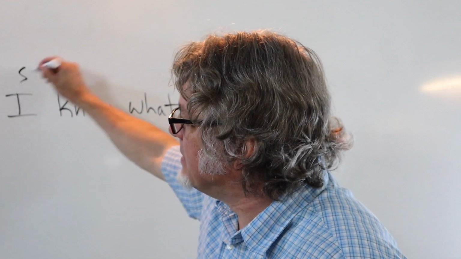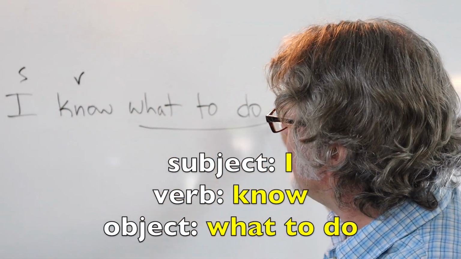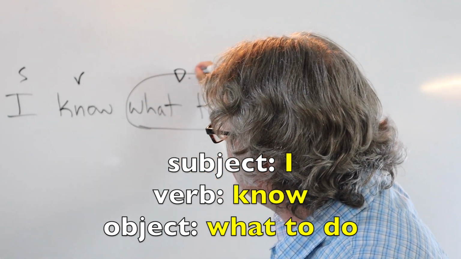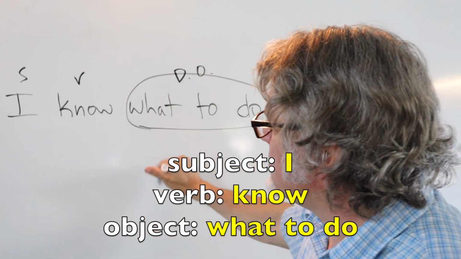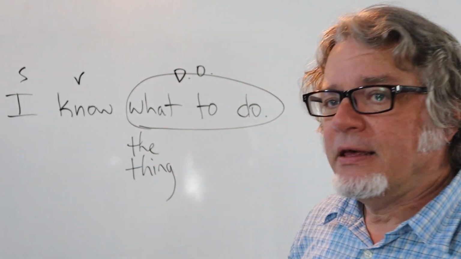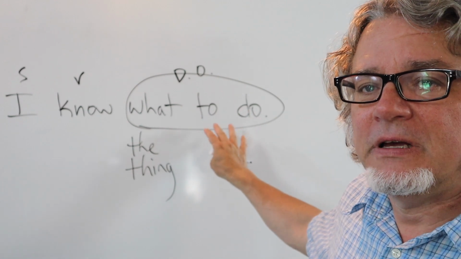Here's the subject, this is the verb, and then all of this is functioning as an object, or a direct object. What means the thing, and then here is an infinitive.